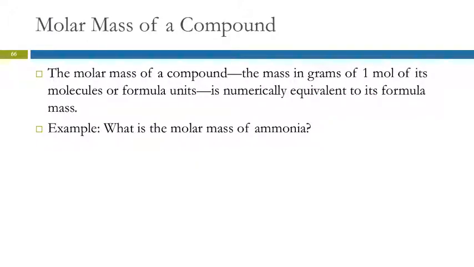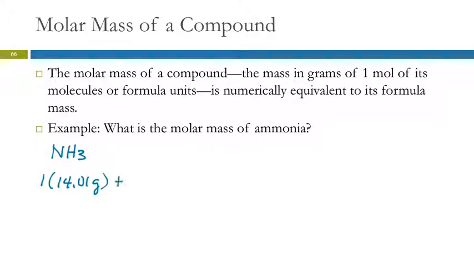Okay, so what's the molar mass of ammonia? Well, what's the formula for ammonia? NH3. So ammonia is one of those compounds that goes by its common name, so you just have to remember what it is. So for NH3, we want the molar mass, that's the mass of 1 mole of this. So how much does 1 mole of nitrogen weigh? 14.01 grams.